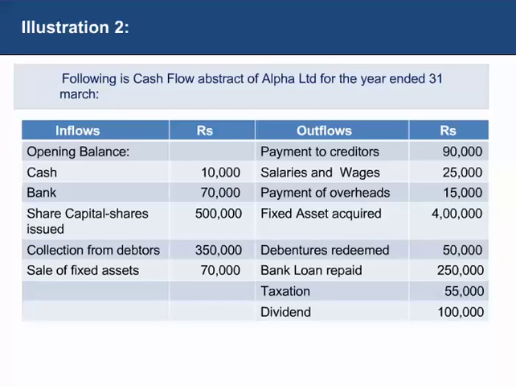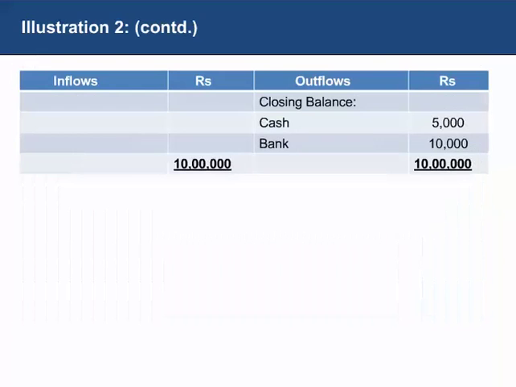Taxation amount is given as 55,000. So this again should be your operating cash flow since no other information is given. What kind of taxation is this? Dividends for all enterprises, if you remember, are financing activities, and thus 1 lakh should be disclosed as part of your cash flows from financing activities. And the closing balances of cash and bank are 5,000 and 10,000 respectively.